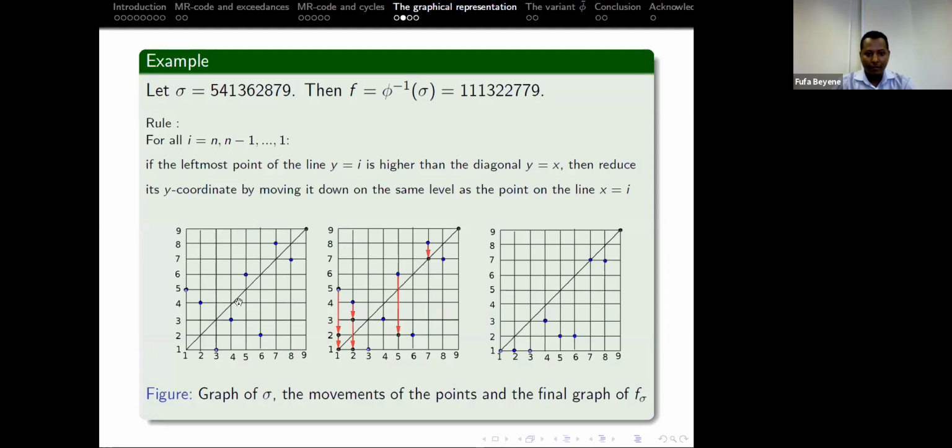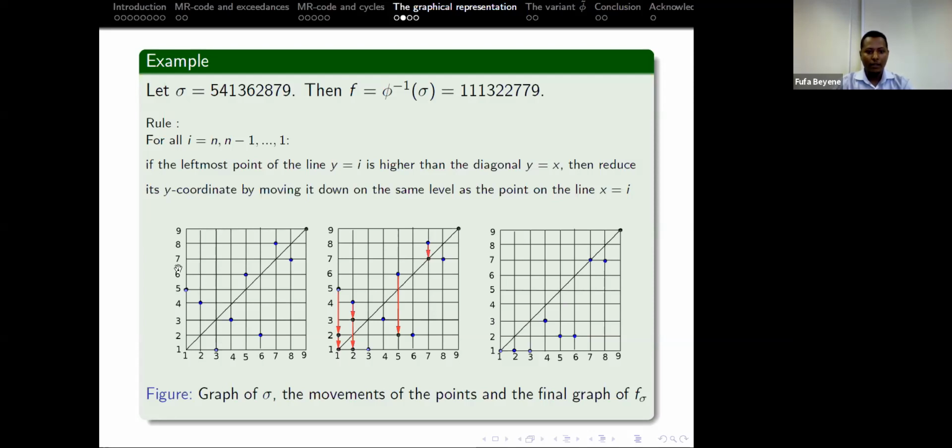The first graph here is the graph of sigma, the second one is the application of the procedure, and the third one is the graph of the corresponding subexceedant function f.